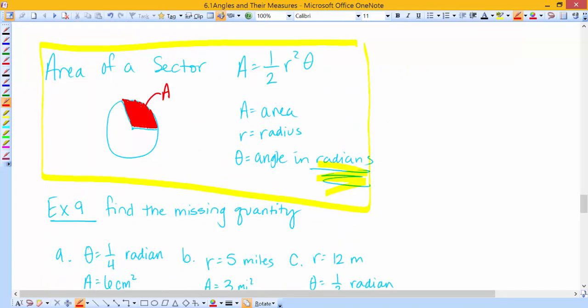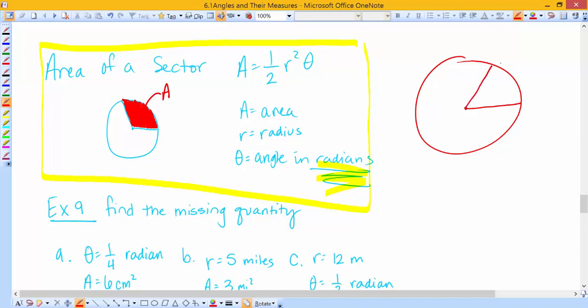Now we're going to practice finding the area of a sector. So let me draw a better circle. So I have a circle here. Picture a pizza. And I have a slice of pizza cut. Pretty big slice of Costco pizza.